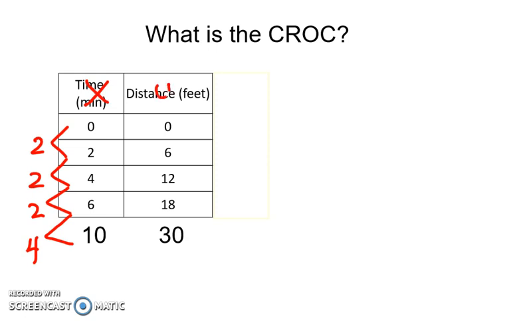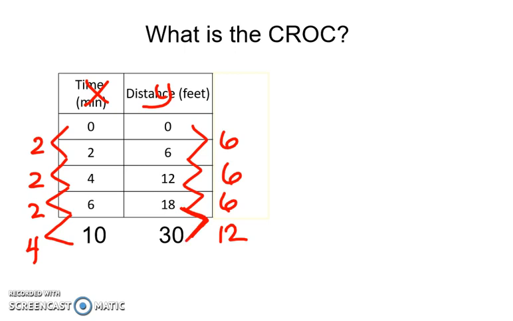Again, this is my x. This is my y. 0 plus 6 equals 6. 6 plus 6 equals 12. 12 plus 6 equals 18. 18 plus 12 equals 30. So I'm finding what the difference is between the two numbers that I'm pointing my arrows at here.